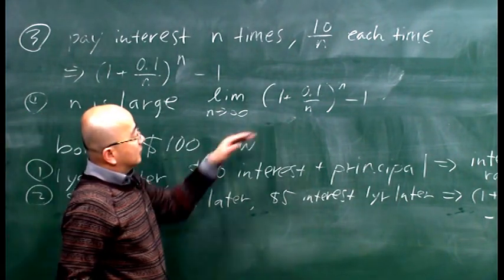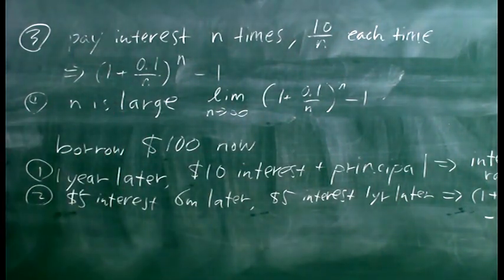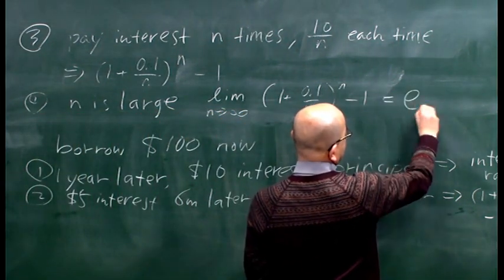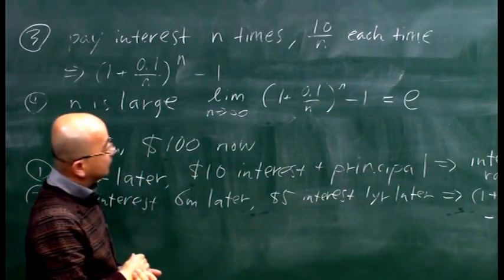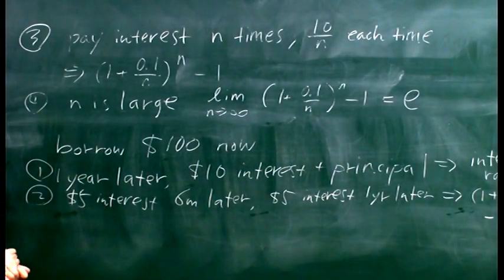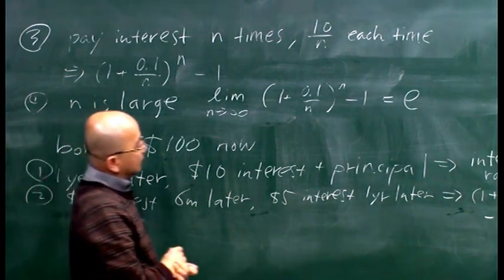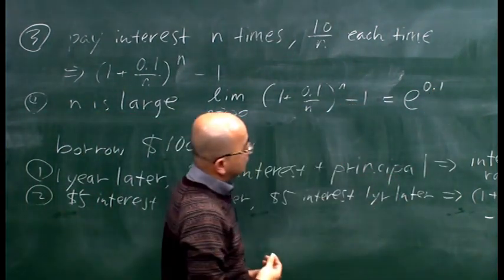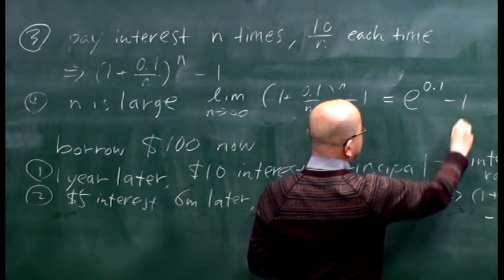If you work on this expression further, you can write this using the symbol e, the exponential operator, as e to the power of 0.1 minus 1.